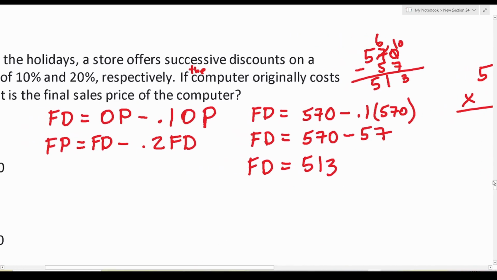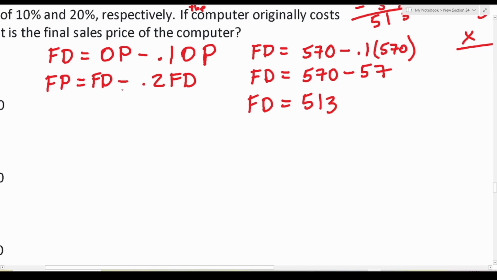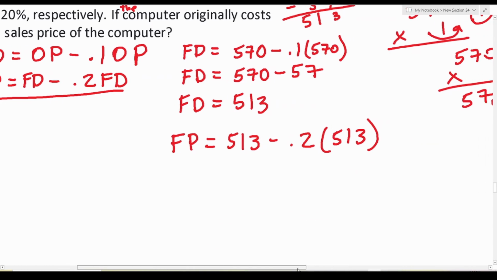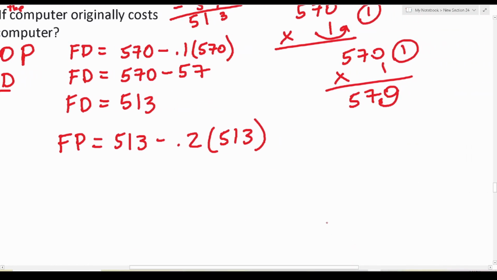All right, to find the final sales price, again, we're going to use this right here. Final price is going to be the first discount, which is 513 minus the 20% discount of that $513. Okay. So let's go ahead and work this out now.